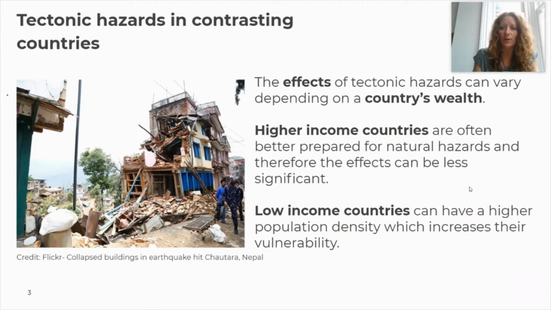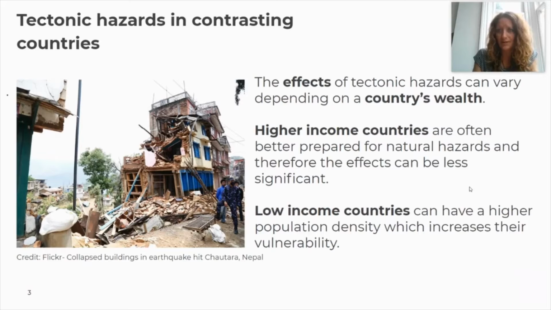The effect of an earthquake can be different depending on a country's level of wealth. Higher income countries are often better prepared for natural hazards, and therefore the effects can be less significant. That isn't always the case, but as a general rule and a pattern, that can be what we find. Then we have our low income countries.